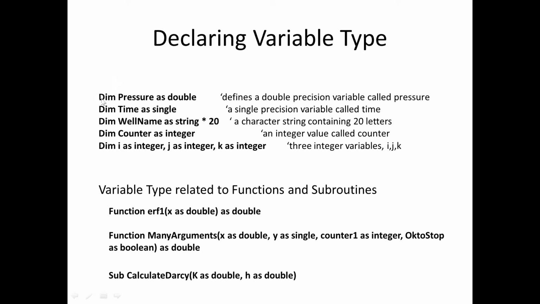So when the function gets executed, Visual Basic will make these variables and it'll use them while the function is being executed. As soon as the function is done, these variables are done. So they're just local variables. They have a local scope to the function in which they're declared.